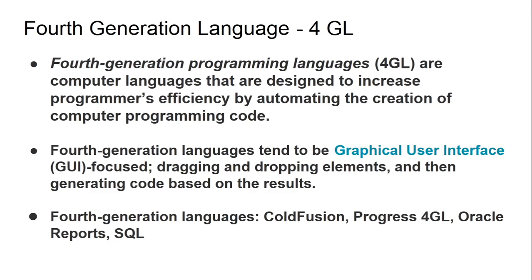Basically it means that instead of writing the whole code ourselves, there are certain elements of our program which can be done automatically, and it is closer to the natural language that we speak.